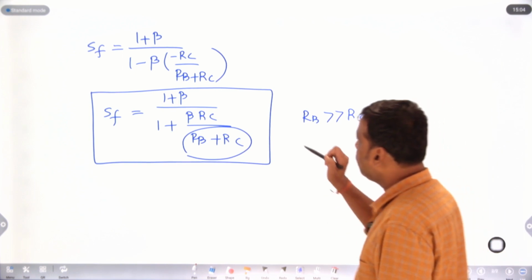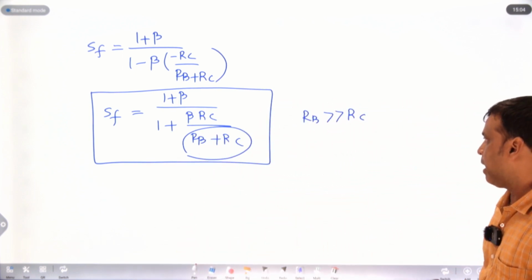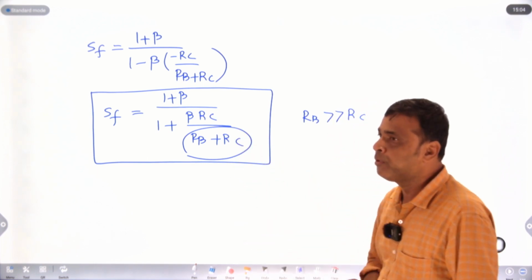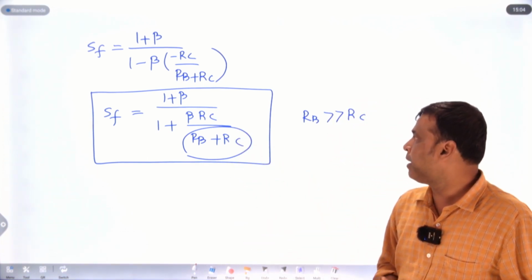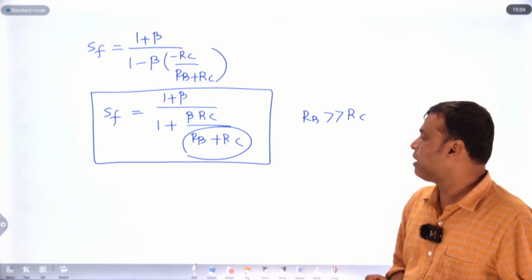If you analyze the collector to base bias or feedback bias, this factor determines the stability. If you choose proper values of RB and RC, the feedback bias may be better than your fixed bias.